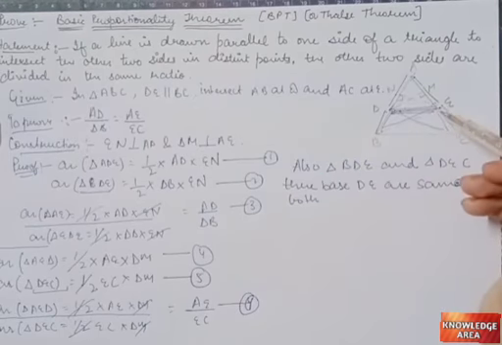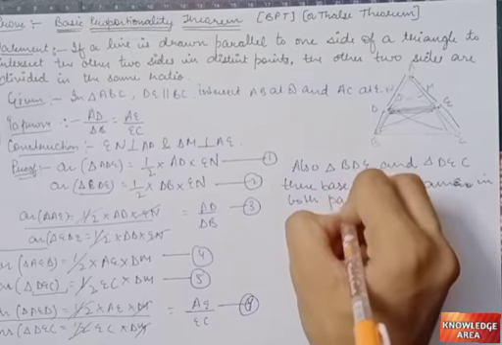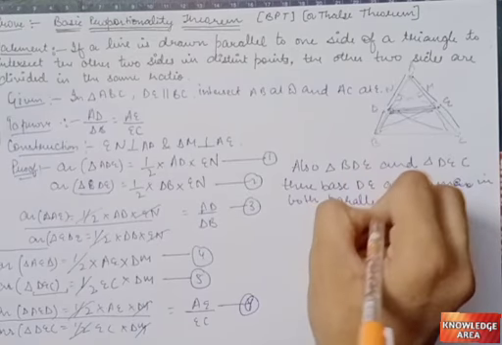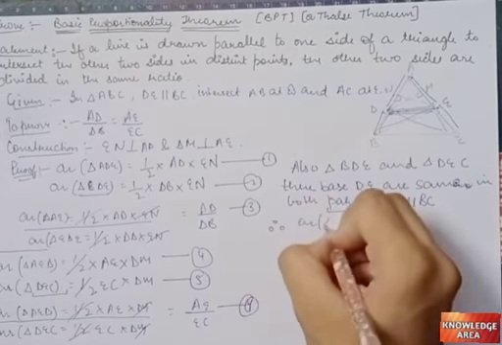Also DE and BC are parallel. Therefore area of triangle BDE is equal to area of triangle DEC.